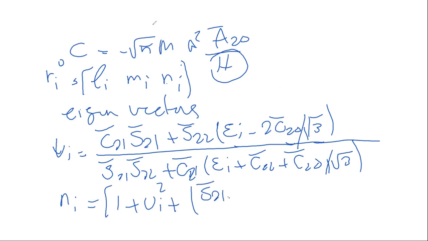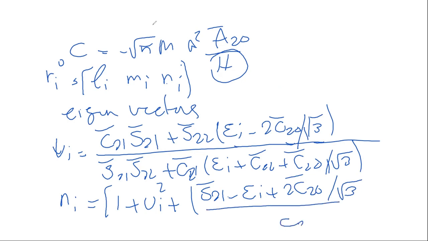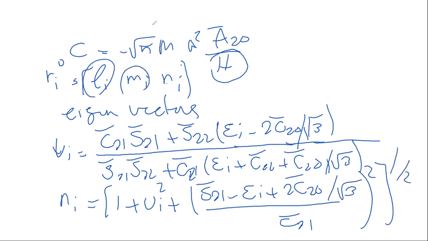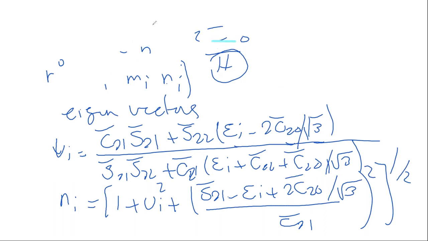And again, you see the eigenvector comes here, plus 2 C2 bar 0 divided by square root of 3 divided by C21, the whole squared. And now we go for M and L.